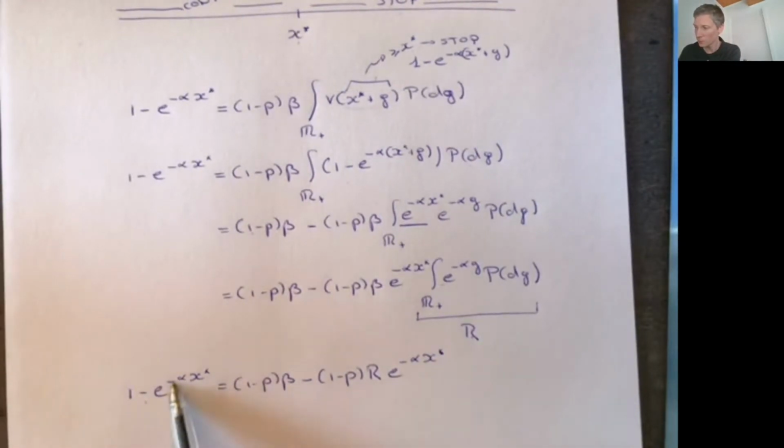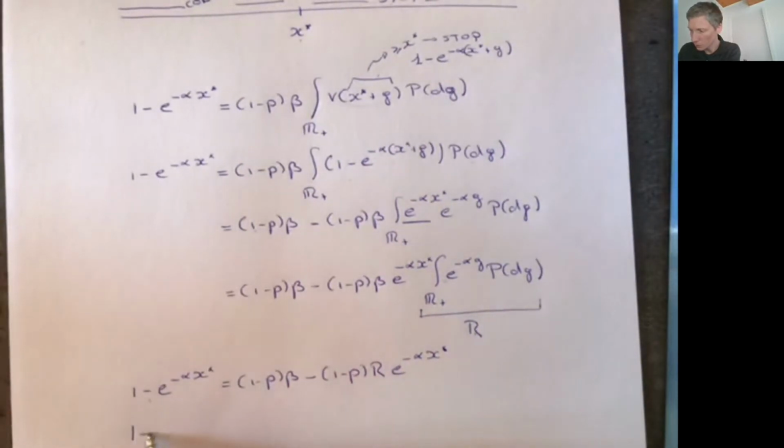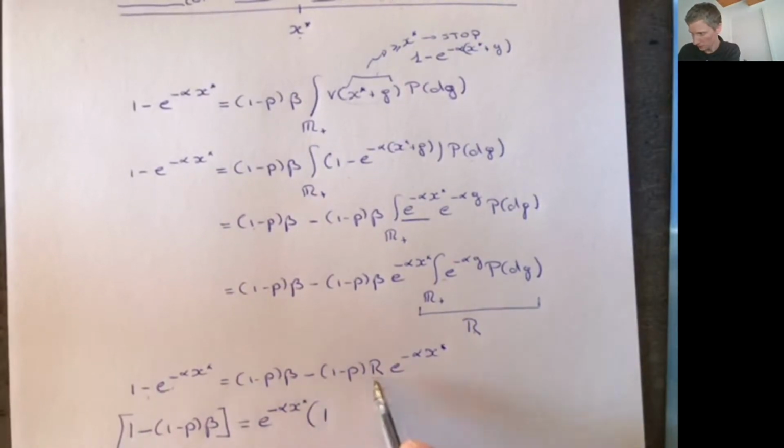We can put all the constant terms to the other side. So we have here 1 minus p times beta is equal to e to the minus alpha X star. I have a 1 from this side, and then minus 1 minus p times r.